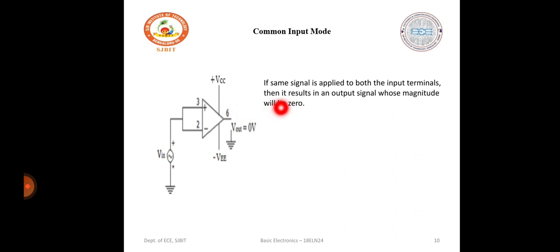As a result, applying the superposition principle, the individual outputs V01 and V02 in each case are added up and the total output becomes 0. So the common input mode does not find much application and is found only in very rare applications.